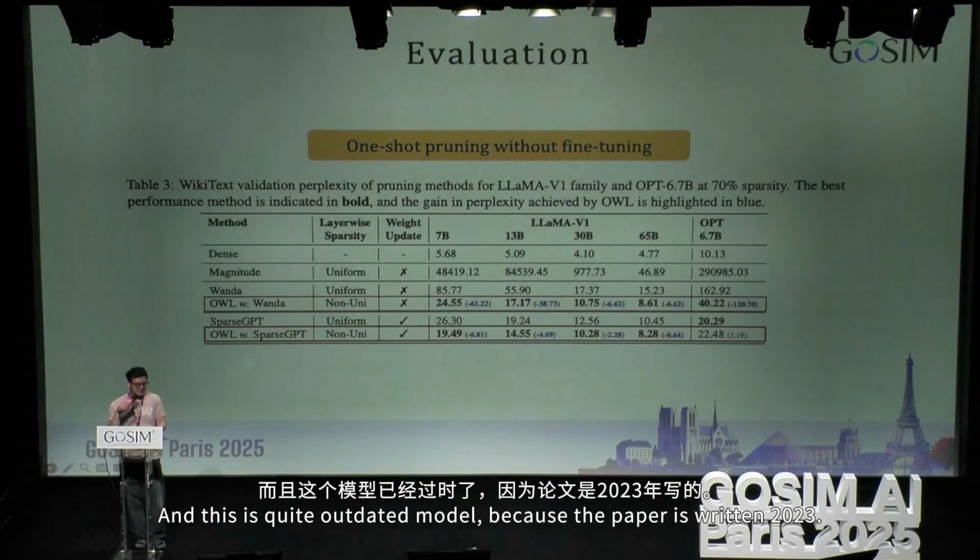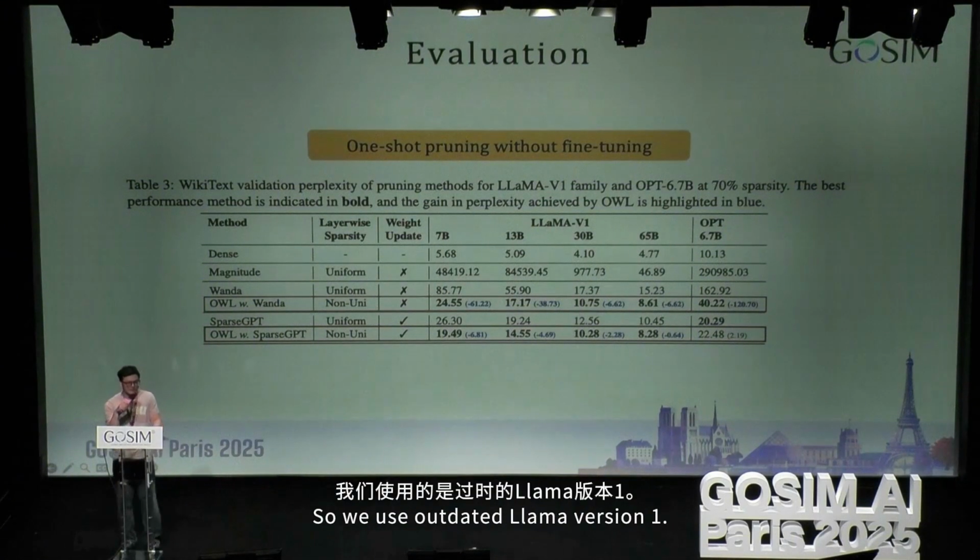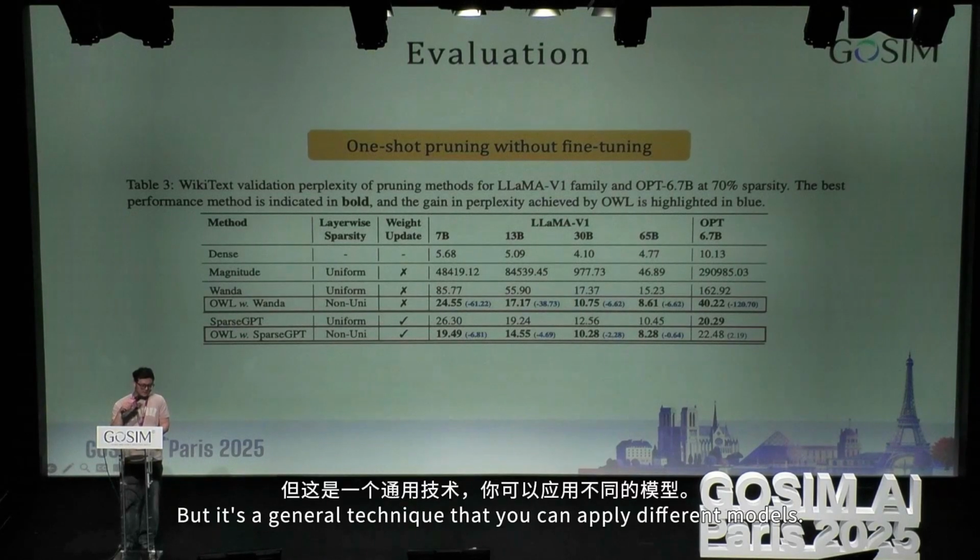This is quite an outdated model, because the paper was written in 2023, so we use the outdated Llama version 1, but it's a general technique that you can apply to different models.